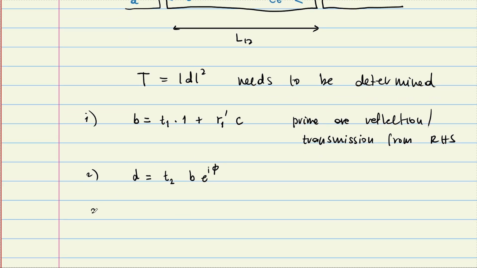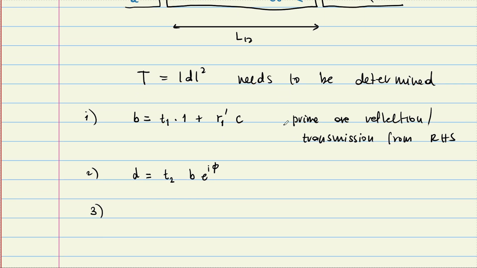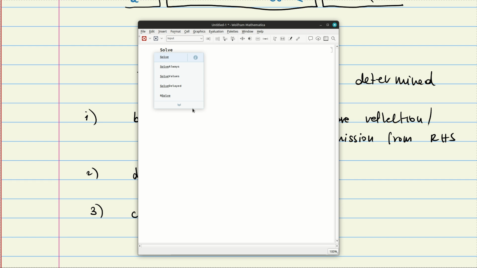And lastly, this C can only be coming from the reflection of B, because there is no incident wave from here. We are going to write this as C times e to the minus i phi is equal to R2, this is reflection from the left hand side, times B times e to the i phi. Solve.